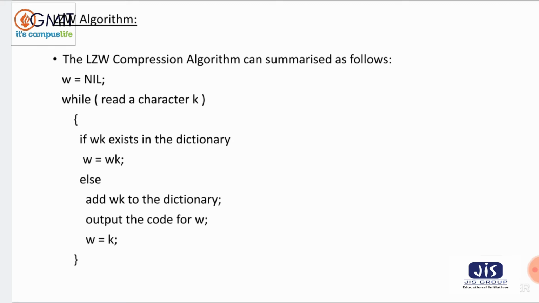Step 2, after every separation, look into the sequence until we find the shortest string which is not marked before. First we have to separate the character from the string, then after separation, look into the sequence until we find the shortest string. Step 3, code this phrase by giving the location of the prefix and the value of the last bit, that is A is equal to 0, B is equal to 1, like this.